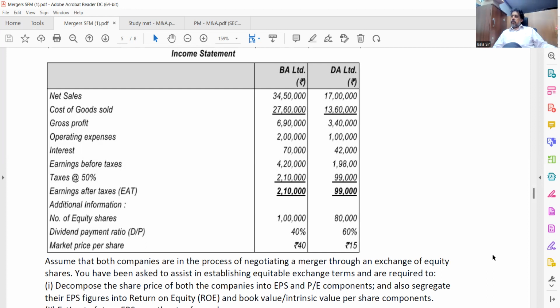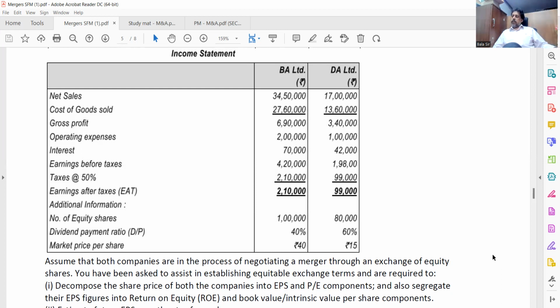Earnings before taxes 4 lakh 20,000, 1 lakh 98,000. Taxes at 50%, 2 lakh 10,000 and 99,000. Then earnings after tax 2 lakh 10,000 and 99,000. So additional information: number of equity shares 1 lakh 80,000. Dividend payout ratio 40% and 60%. Then market price per share is rupees 40 and rupees 15.